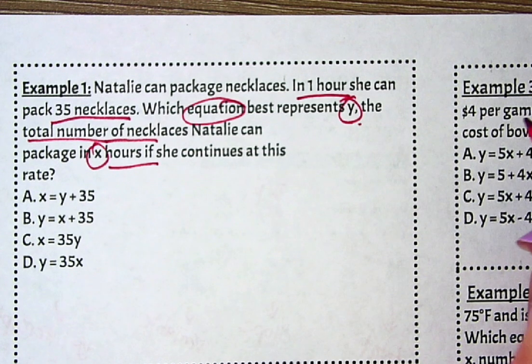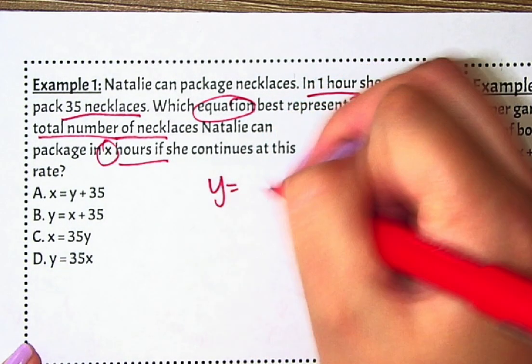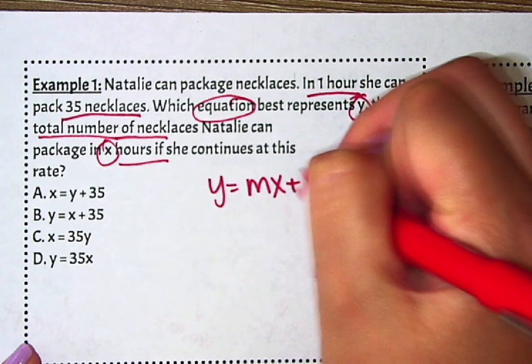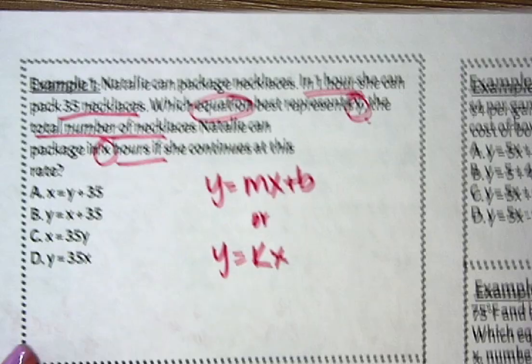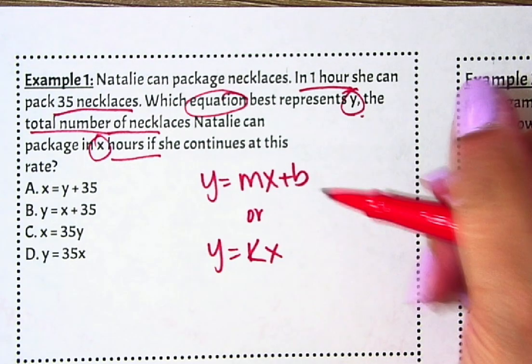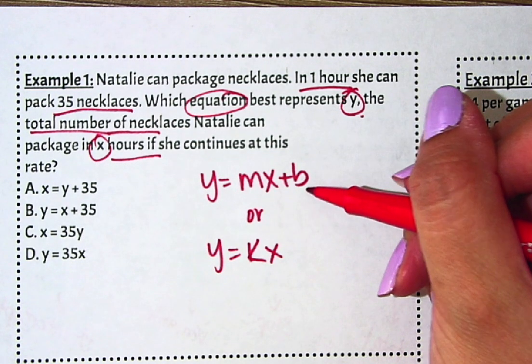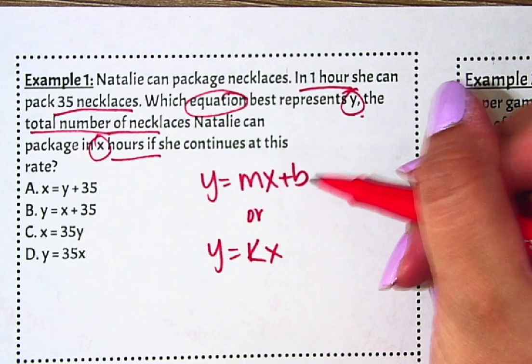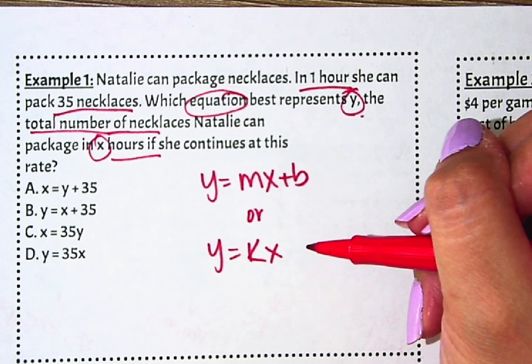So two things I want you to start doing is you're either going to use your y = mx + b, or you're going to use y = kx. Okay, remember the difference from yesterday between these two equations is one of them has a starting point, your b, and one does not.